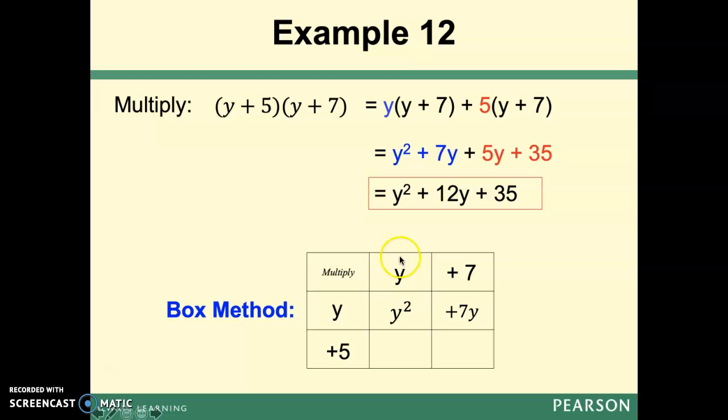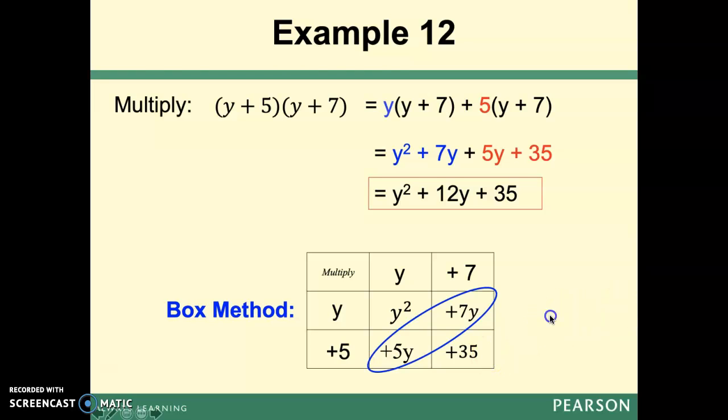In this box, we have y times a positive 5. That's a positive 5y. Here, positive 7 times positive 5 is positive 35. We're going to combine like terms. And look, we wind up with y squared plus 12y plus the 35. I kind of like that method better than the last method, don't you?